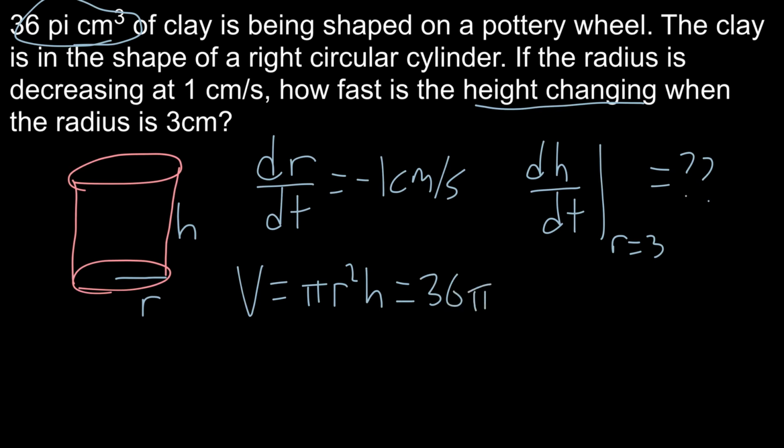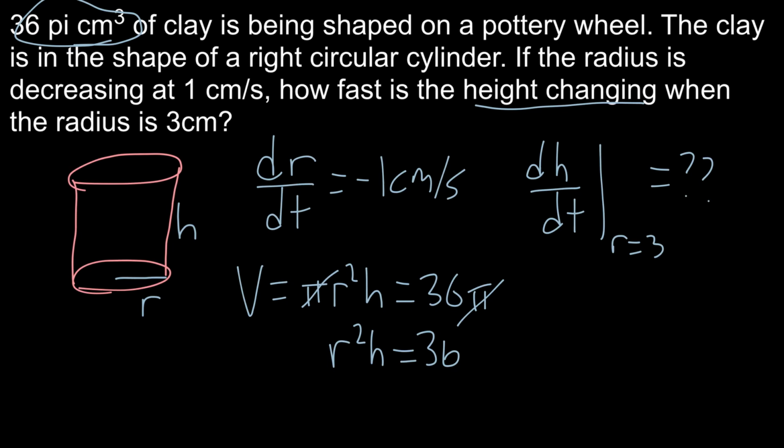And that's not going to change throughout the entire problem because it's a lump of clay that's being shaped. The shape is being changed, either made taller or shorter, but the same amount of clay is there, 36 pi. And so we can cancel the pi's and find that r squared times h has to be equal to 36.